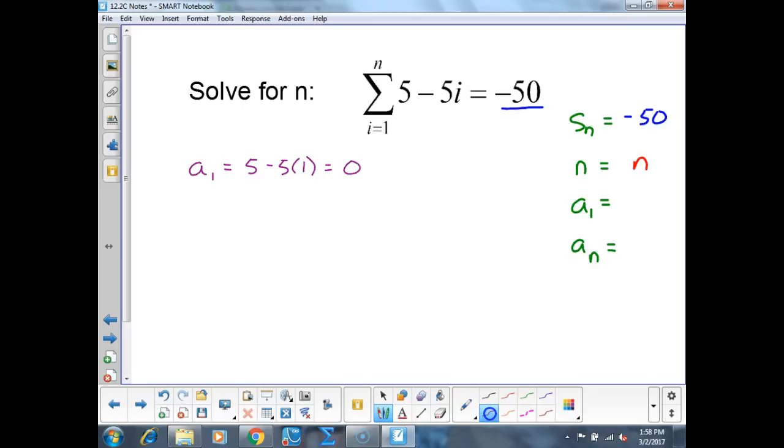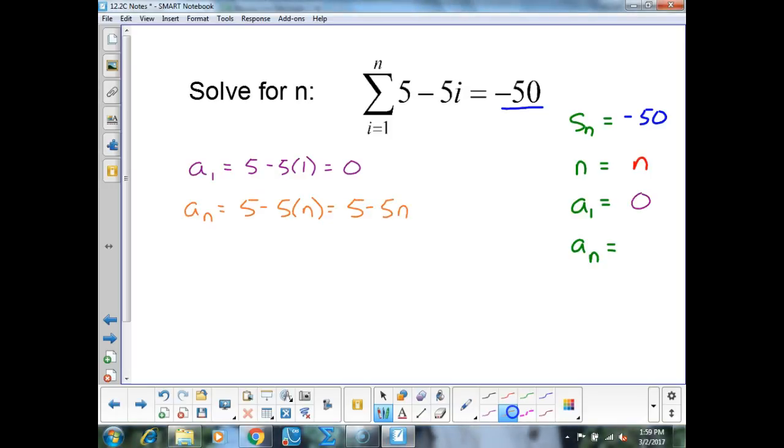So 5 minus 5 is 0, so my first term is going to be 0. My last term, I find by taking my upper limit and plugging that into my rule, but I have to leave it like that.